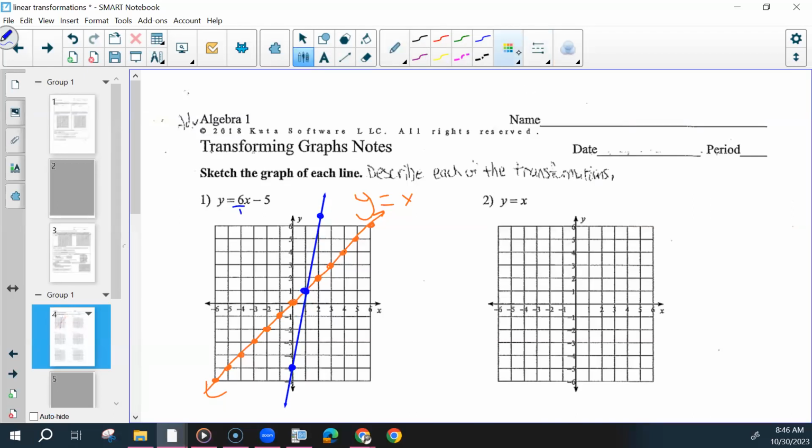So if we were comparing this new line, the blue line, to the original, what changed? What happened?